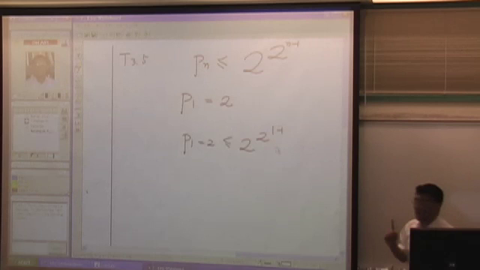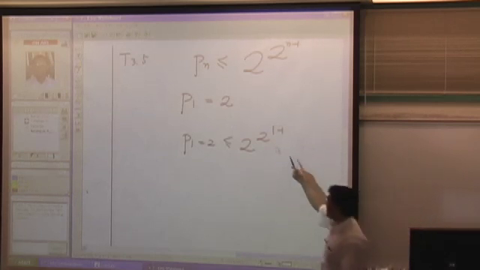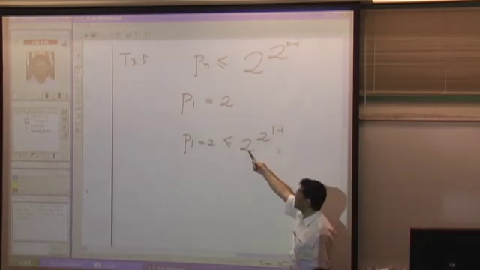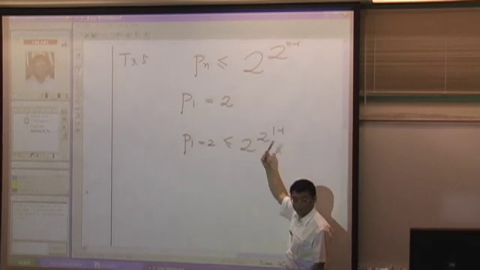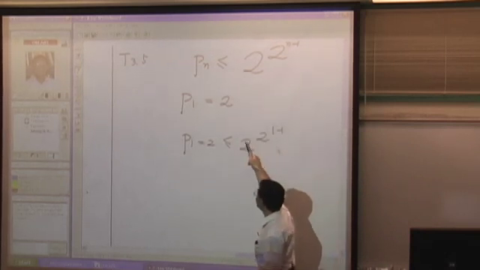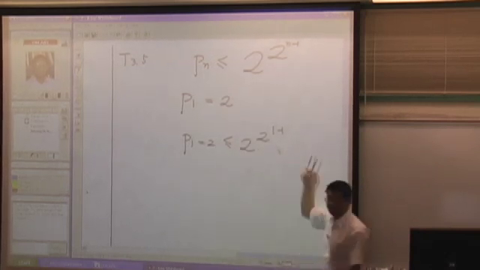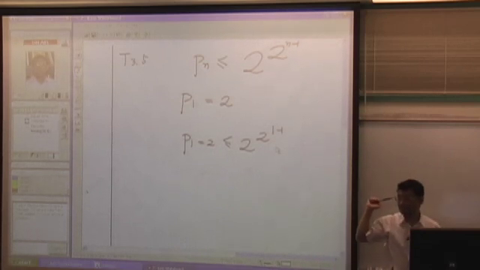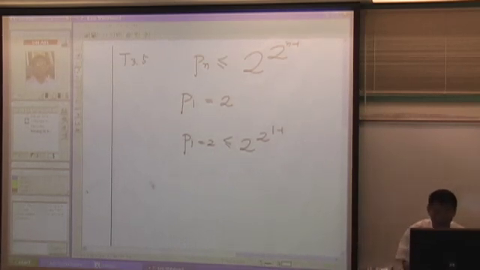Because 2 to the power of 0 is 1, and then 2 to the power of 1 is 2. So 2 is less than or equal to 2. So this is correct. So assume this for k. Then p sub k is less than or equal to 2 to the power of 2 to the power of k minus 1.